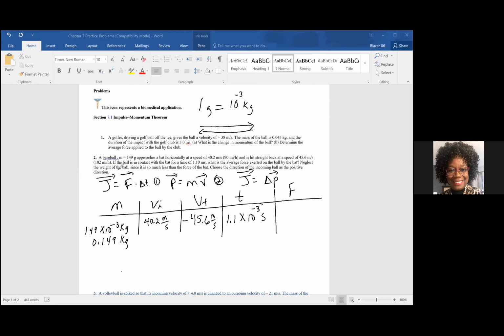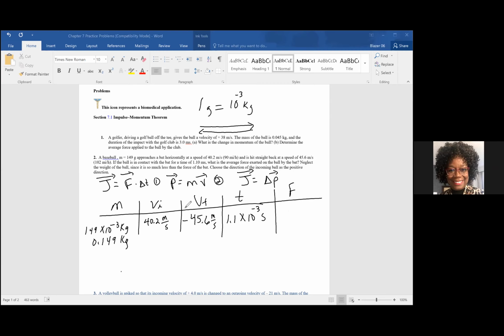Neglect the weight of the ball since it is so much less than the force of the bat. Remember, weight is also a force, but we're neglecting that because this force is going to be so much greater, it's going to be negligible. Choose the direction of the incoming ball as positive. So if incoming is positive, then going back then is negative.